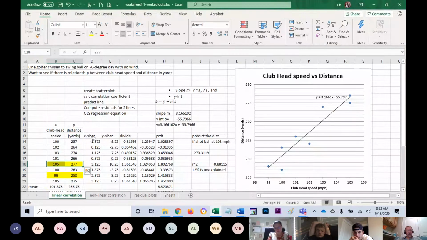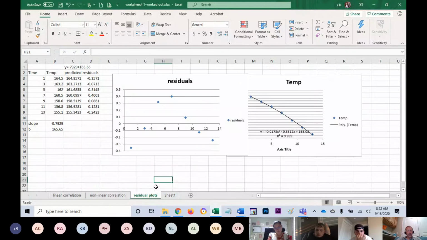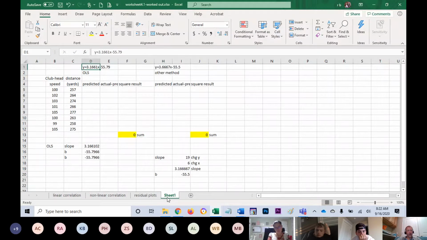Now, if I have 2 points on a line, I can come up with a different equation rather than use the ordinary least squares equation. So if I have these 2 yellow points here, this point here and this point here.